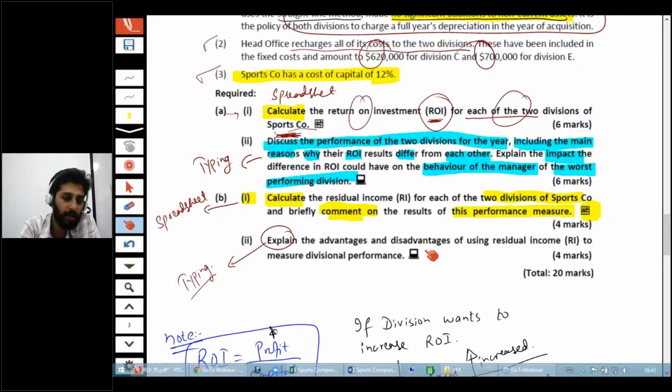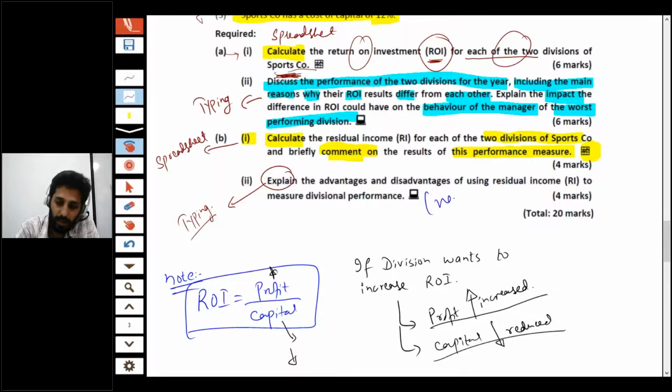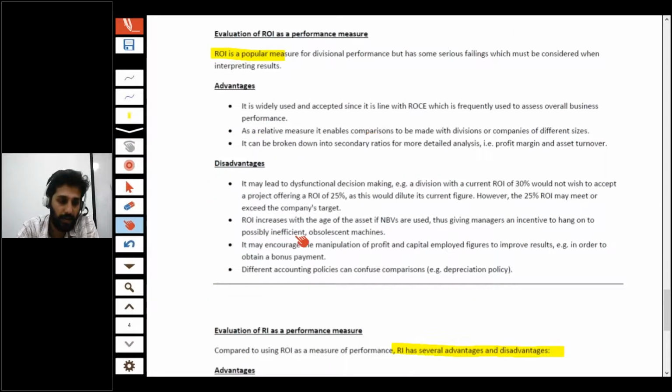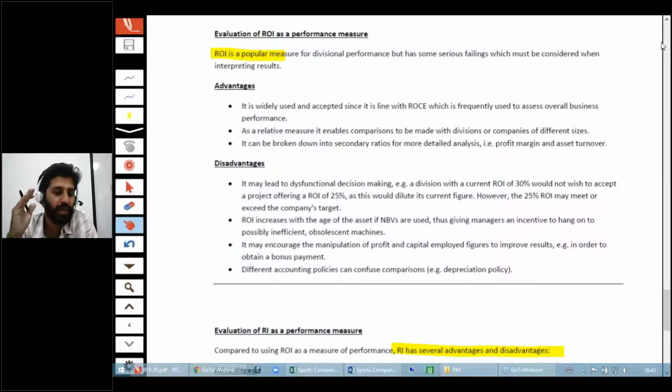It is actually here in this handout on the next page. The advantages and disadvantages of residual income to measure the divisional performance. You can simply go down and simply read out the advantages and drawbacks, right? So this is already given. This is for the knowledge based purpose. I have attached my theoretical portion over there.